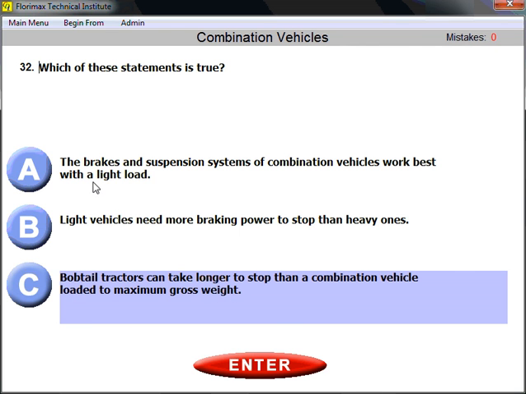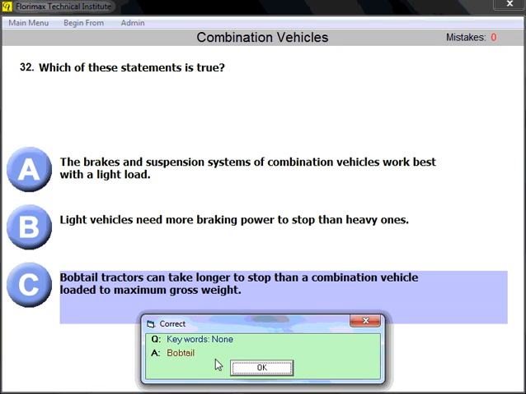Please be very careful and read all of them. When you find bobtail tractors, that's your keyword, an indication of the correct answer.